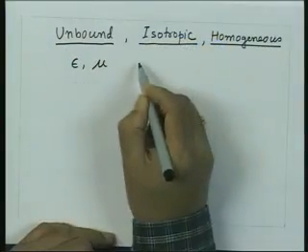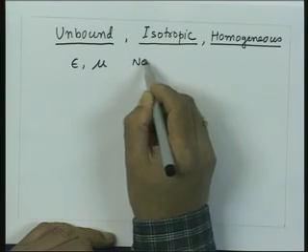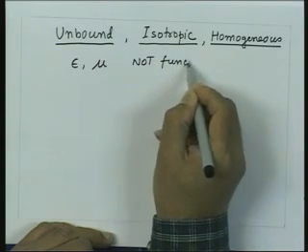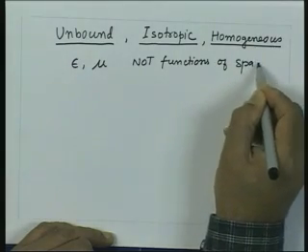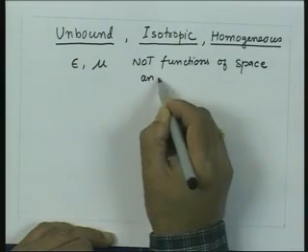So we have epsilon and mu which are not functions of space and direction.